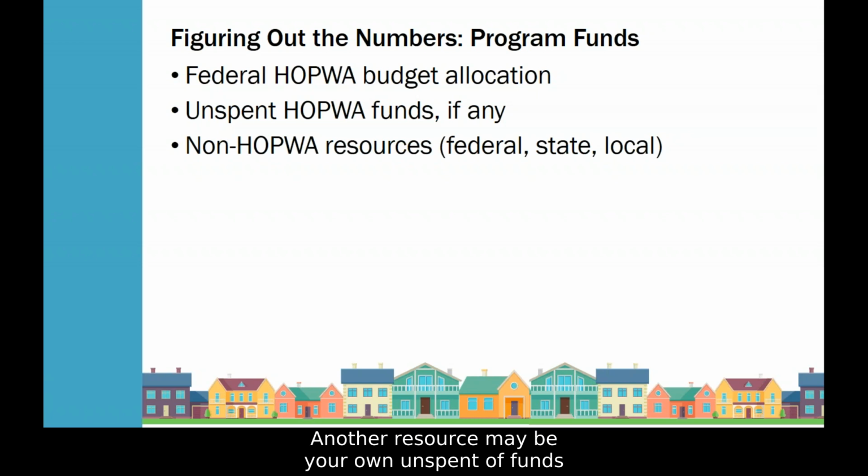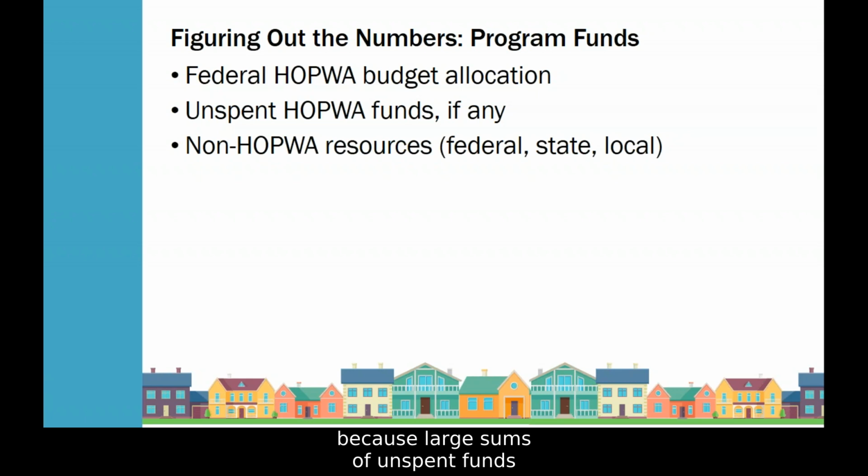Another resource may be your own unspent HOPWA funds from prior year allocations. If you have any unspent funds, you should definitely include these funds in your projections, and keep in mind that there are time limitations associated with these funds, and you want to make sure that you're spending them before they're at risk of recapture.